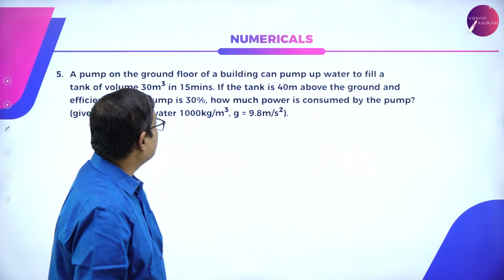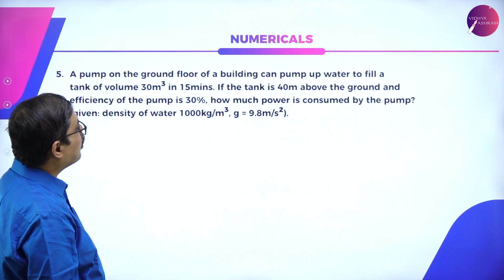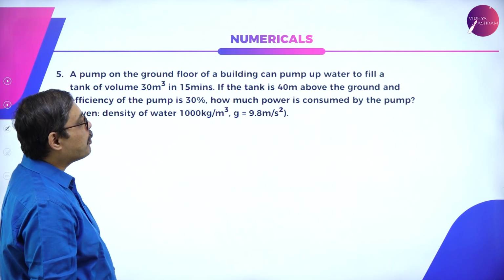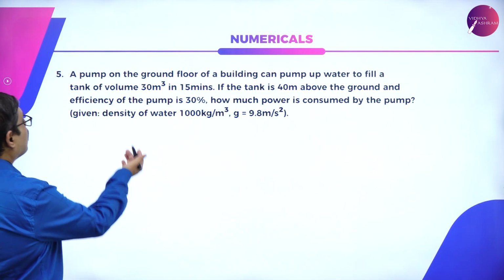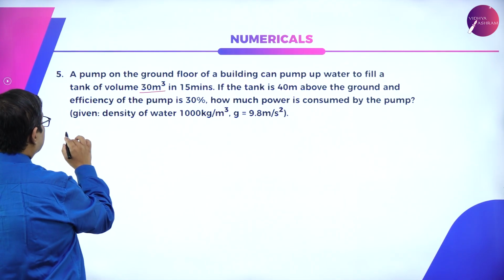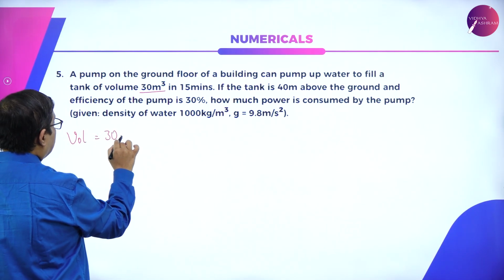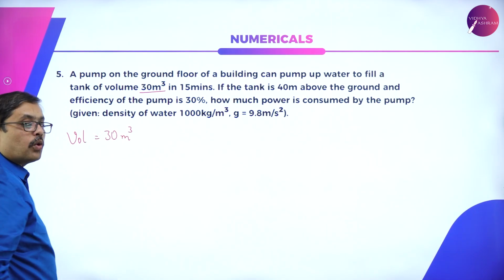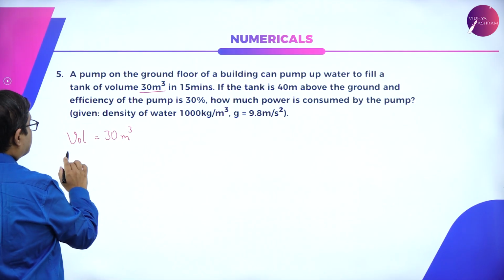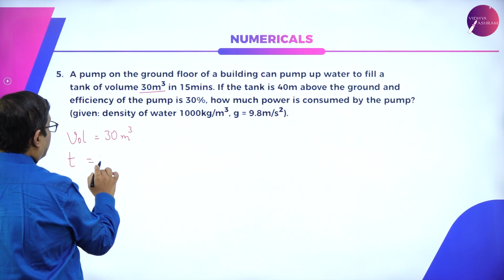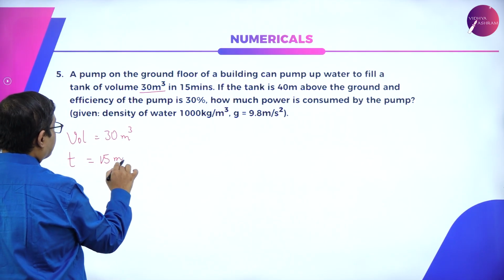Let us check one more numerical. A pump on the ground floor of a building can pump up water to fill a tank of volume 30 meter cube. So volume of the tank equals 30 meter cube. What is the time required? It says that this pump can fill the tank in 15 minutes.